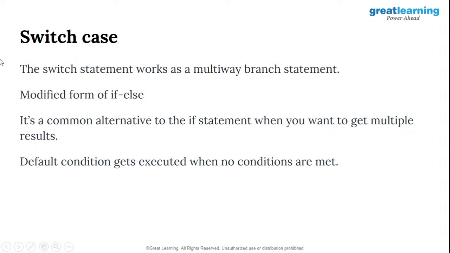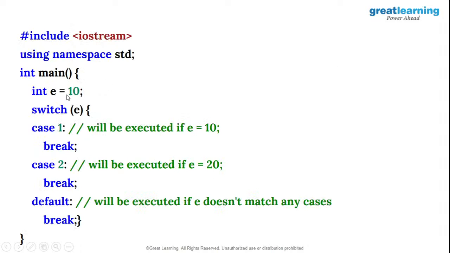All right, so switch case. Switch case is basically your if else. The difference over here is that instead of using if else, you're using the switch case. So you're assigning E a value over here. You're writing E equal to 10, and in switch you're going to write in parentheses the variable E, and in curly braces you're going to write case 1.